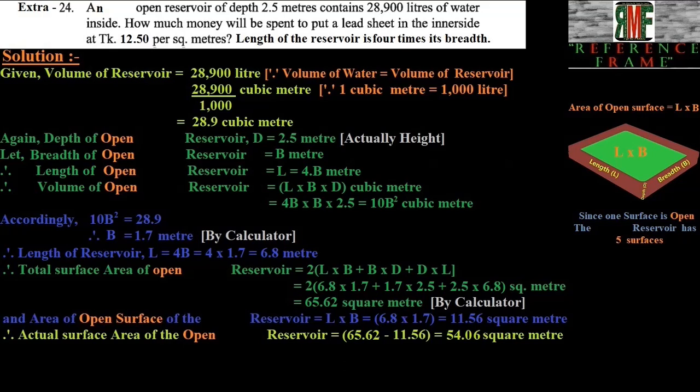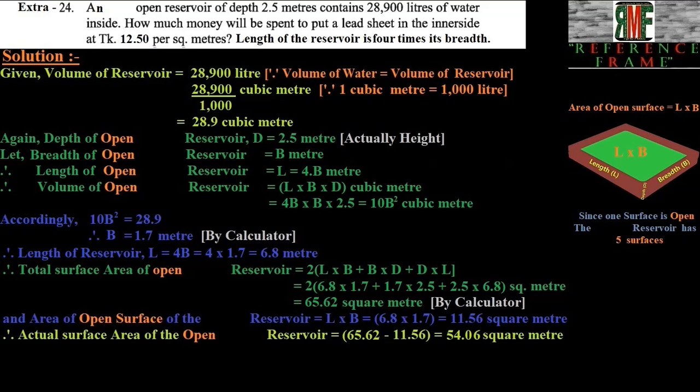If we subtract the open surface from the total surface, we get the actual surface. So the actual surface area of the open reservoir is 65.62 minus 11.56, which is 54.06 square meter. 54.06 square meter is the actual surface area for the open rectangular reservoir.